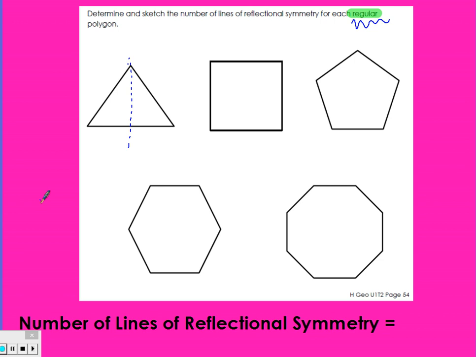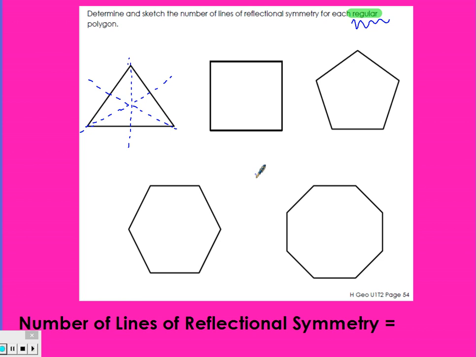Where else could I fold it? Exactly, that's what I was thinking. You could go there, or you could go there. So all three of those are our lines of reflectional symmetry. Is there anywhere else I could draw a line and fold it onto itself?